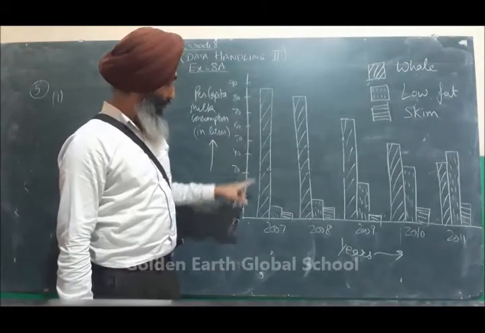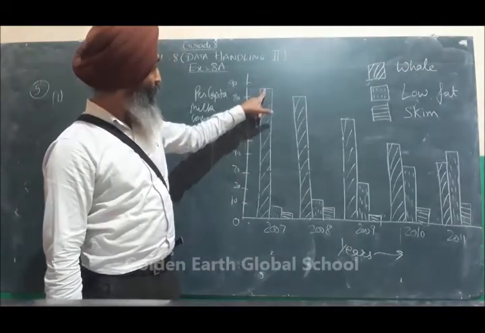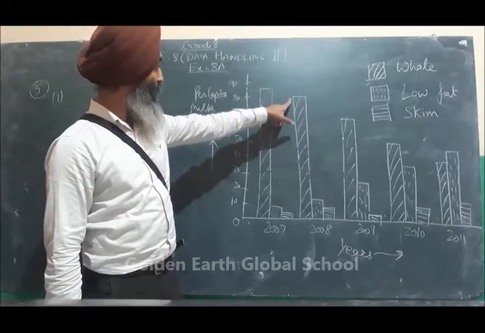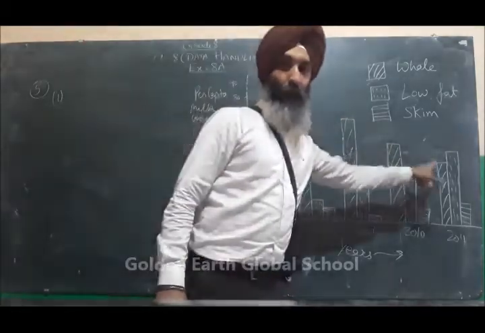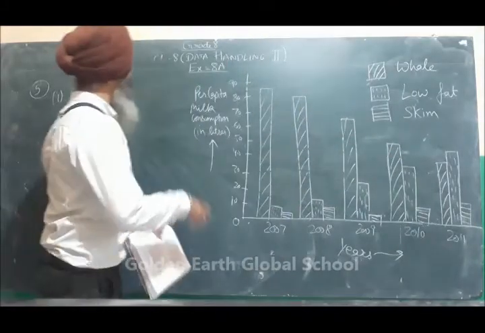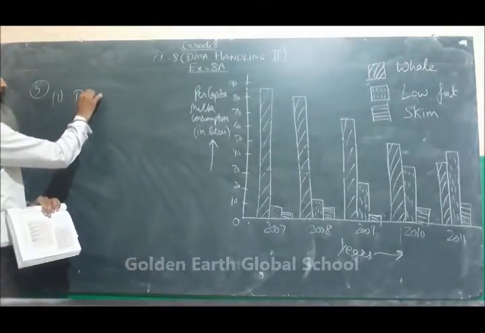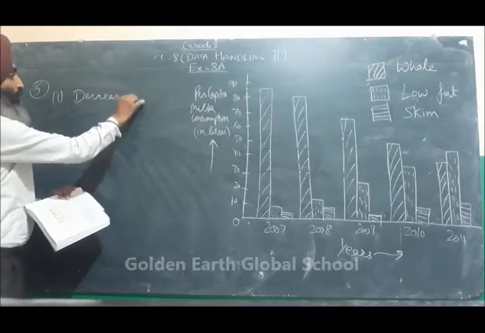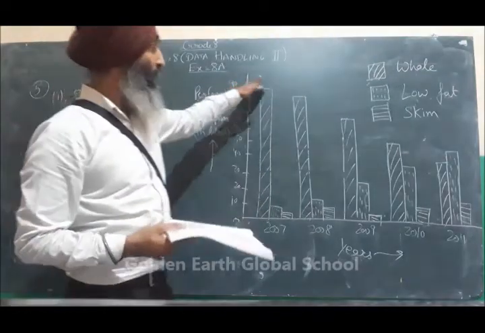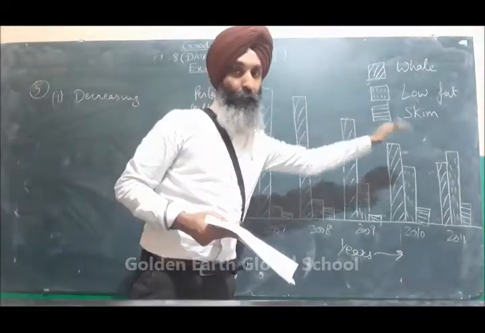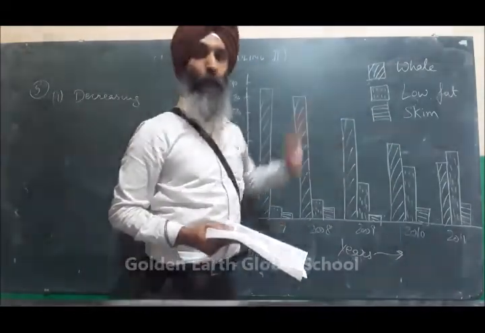As you have seen, whole milk, first one is 85, then it is 80, then it is 70, and it is decreasing. So the answer of the first one is decreasing, because your question is what is the trend. It is decreasing, and it is clear from the graph.